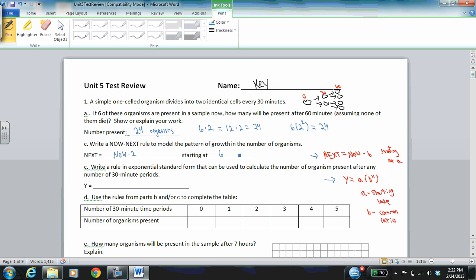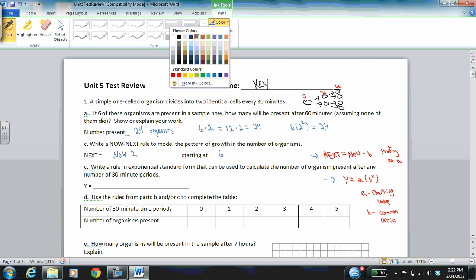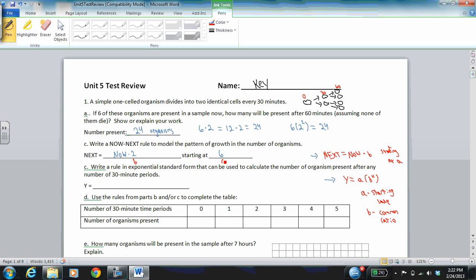We already wrote the recursive rule, now times 2 starting at 6, so I know that that 2 is my b for this specific problem, my growth factor, and 6 is my a, my starting value. So my y equals rule is going to be y equals 6 times 2 to the x.